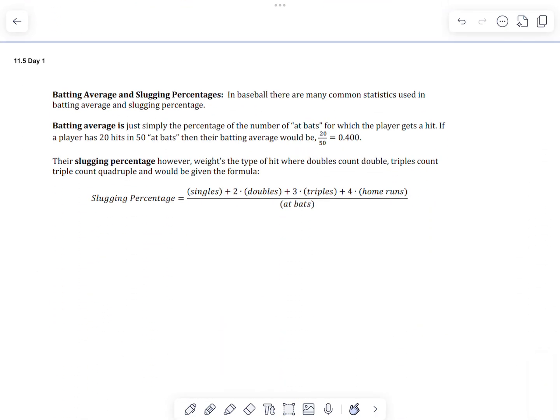Our last concept in this lesson is batting average and slugging percentage. In baseball, there are many statistical ways to measure performance, and 2 of them we're going to focus on are the batting average and the slugging percentage. How you find the batting average is the percentage of the number of at-bats for which a player gets a hit.